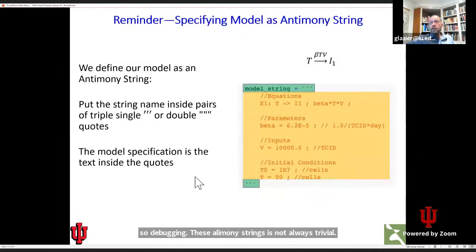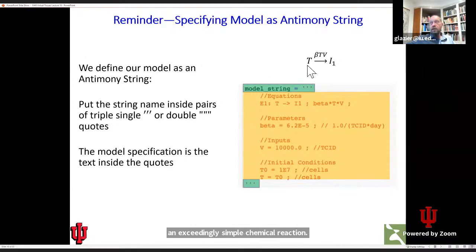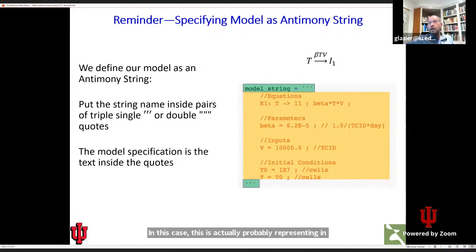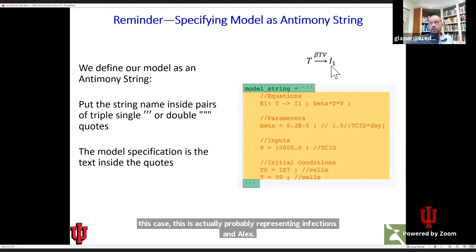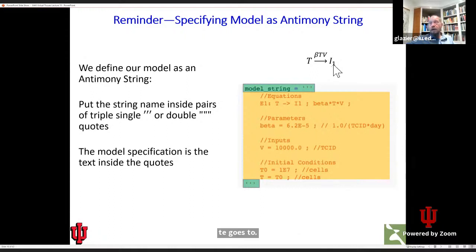And just to remind you of the syntax of Antimony string specification, I'm going to write an exceedingly simple chemical reaction, with substrate T in this case. This is actually probably representing infection dynamics. T goes to I1 at a rate beta times T times some extracellular virus concentration.